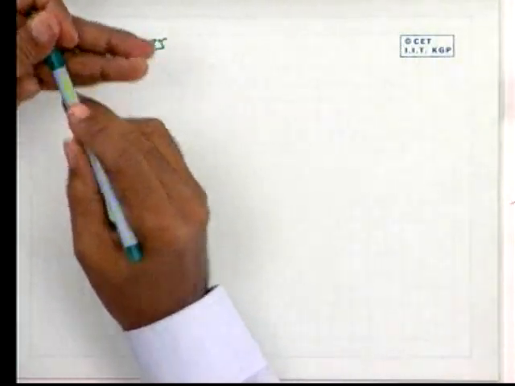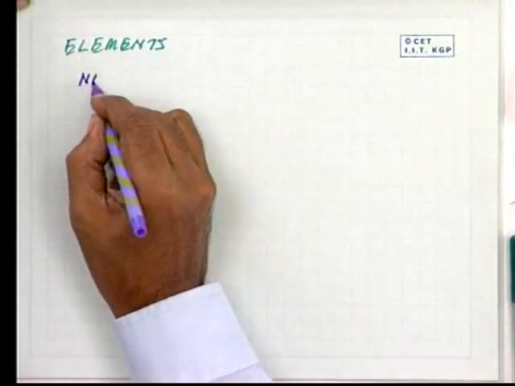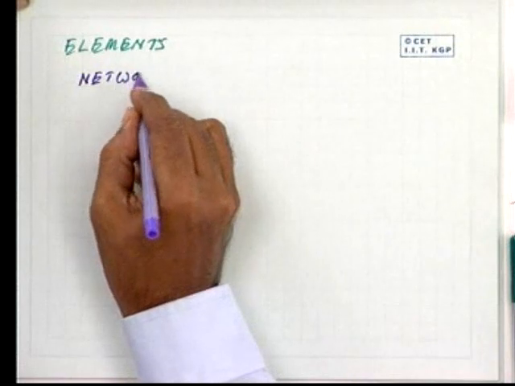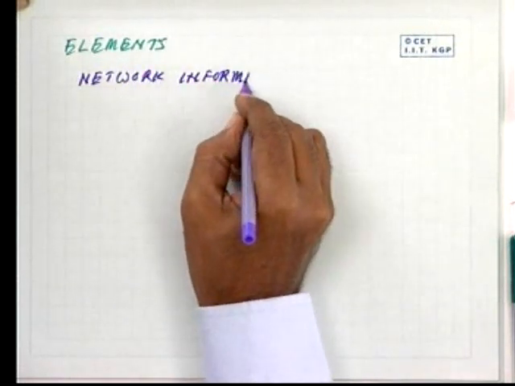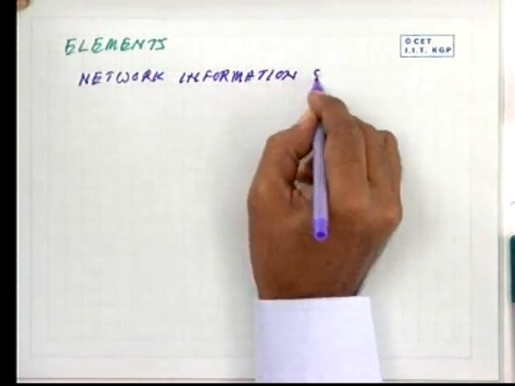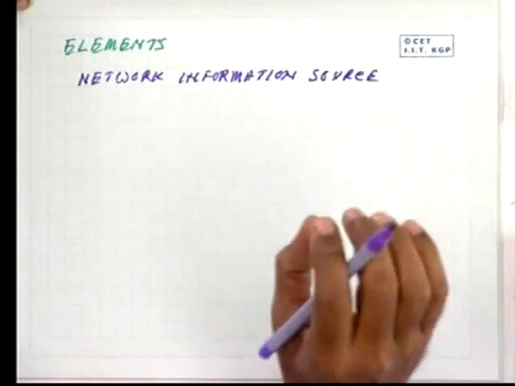The other elements are network information source. That means, based on what information that routing is taking place. There are several approaches.